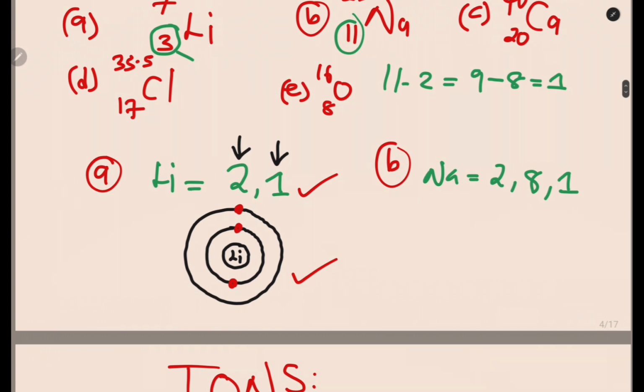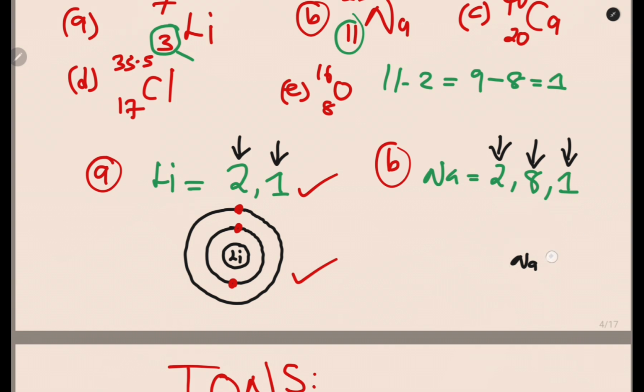Now, like I said, the configuration tells us the number of shells. This is the first shell, this is the second shell, this is the third shell. So we are going to have 3 circles around the nucleus of sodium. Let me say this is the nucleus of sodium, Na.